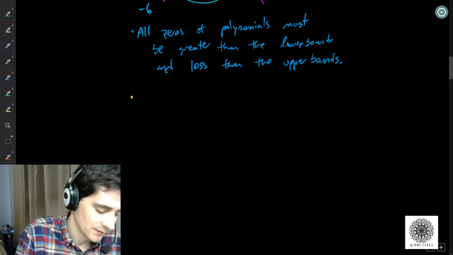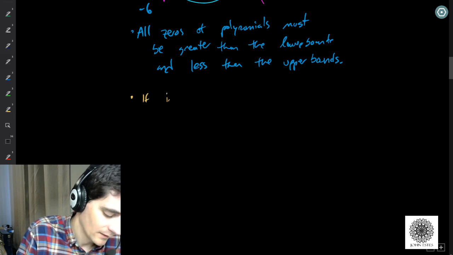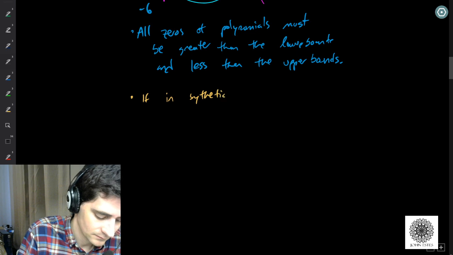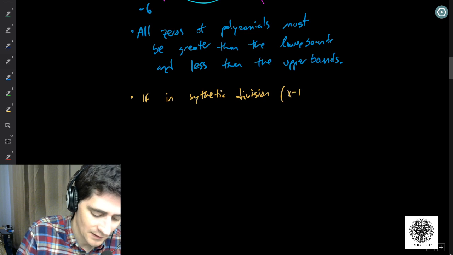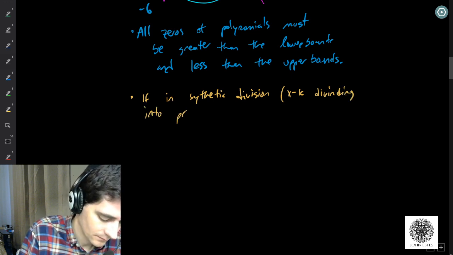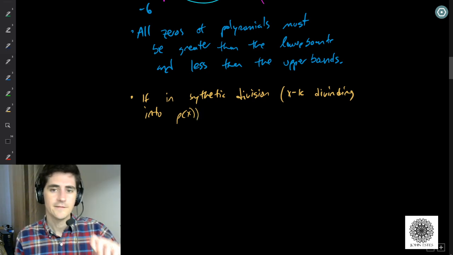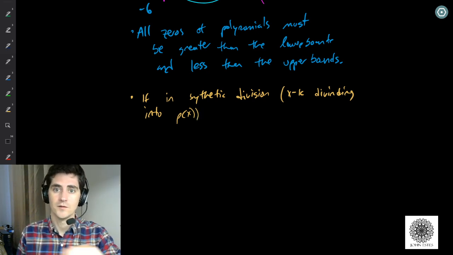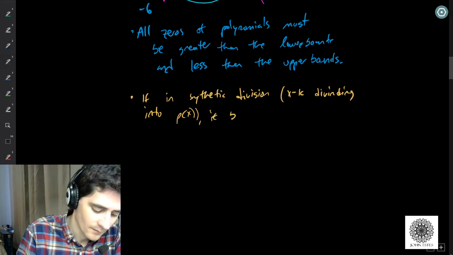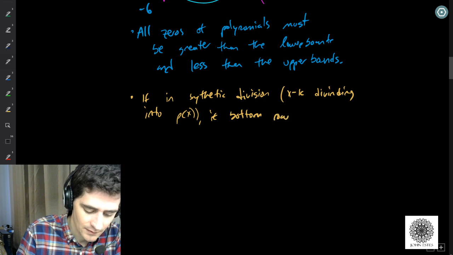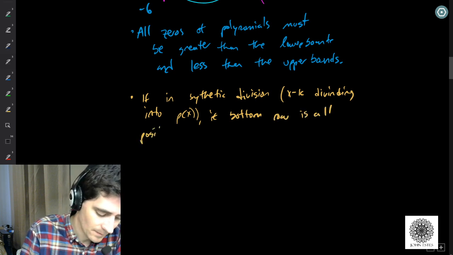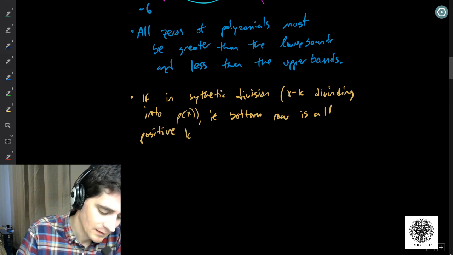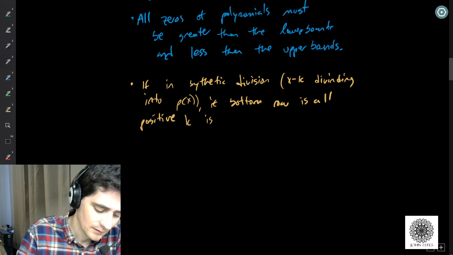In synthetic division, x minus k dividing into p of x, if the bottom row is all positive, then k is an upper bound.